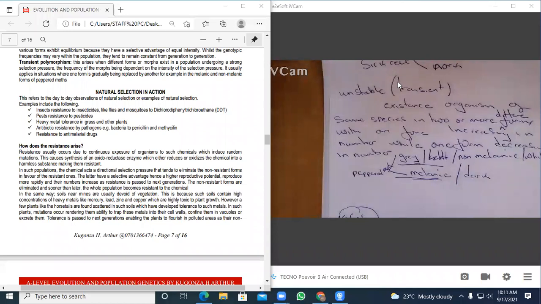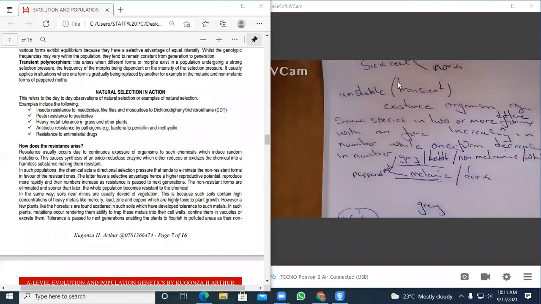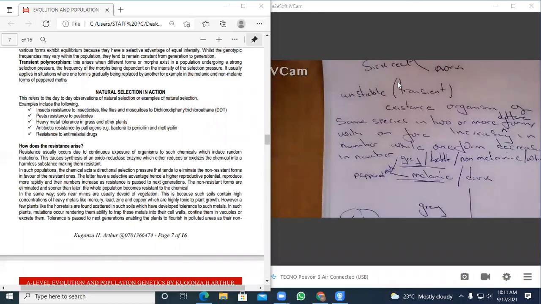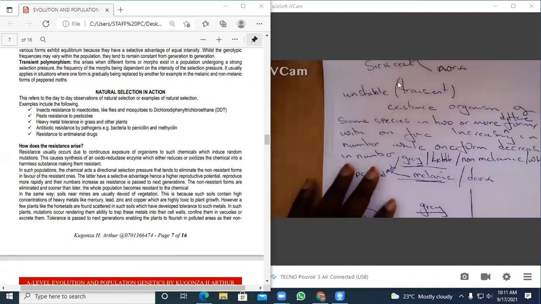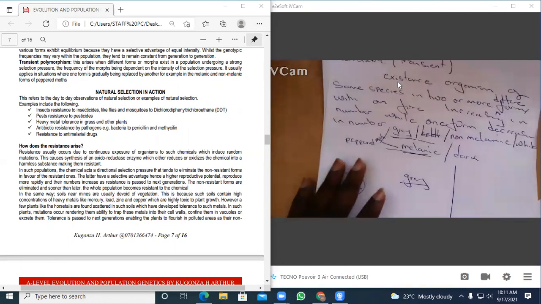It will depend on the environment where they are surviving. When the environment is clean, the gray one will be selected for, because it will be able to camouflage on the trees.